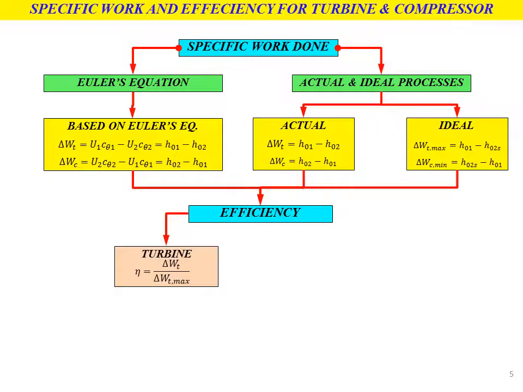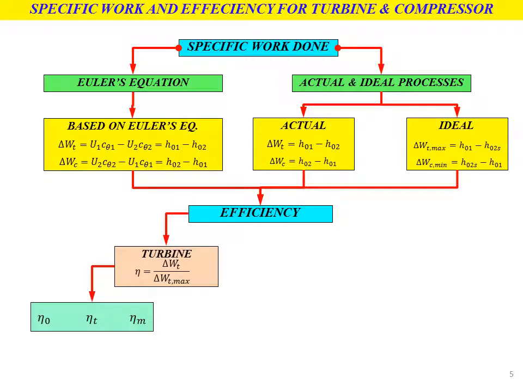Delta Wt maximum is the work output during the ideal process. For the turbine, there are three general equations for the efficiency: overall efficiency, isentropic efficiency for the turbine, and the mechanical efficiency.